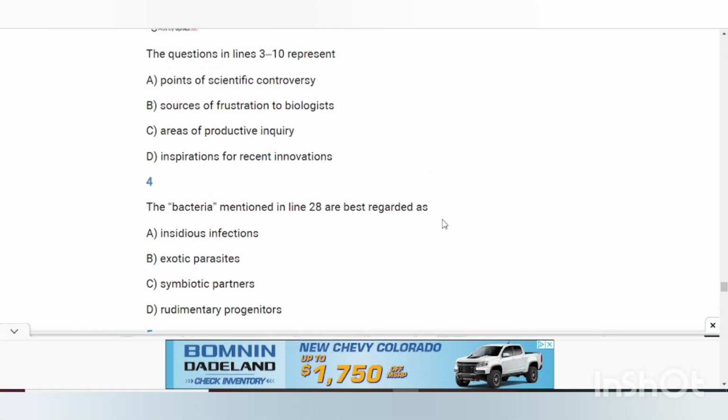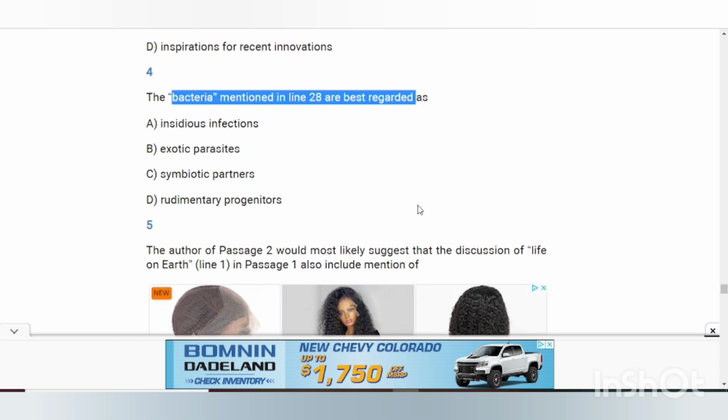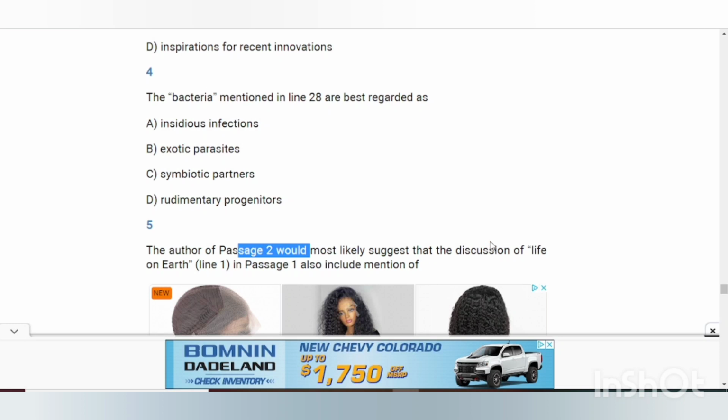I'm just here to show you how a paired passage will look and what type of questions you will see. So questions in lines 3 to 10 represent the bacteria mentioned in lines 28 are best regarded as. The author of passage 2 would most likely suggest a discussion of life on Earth in passage 1 also include mention of.